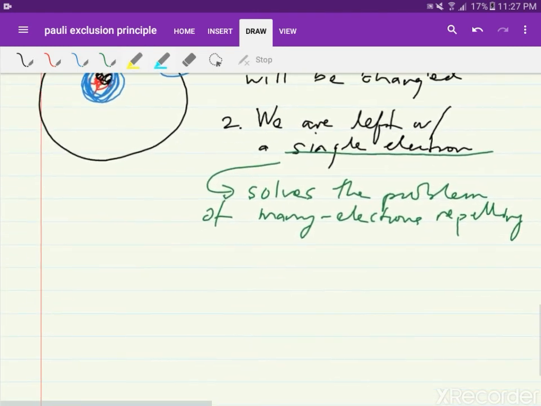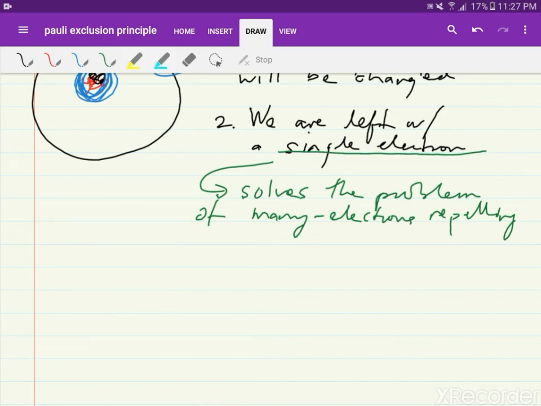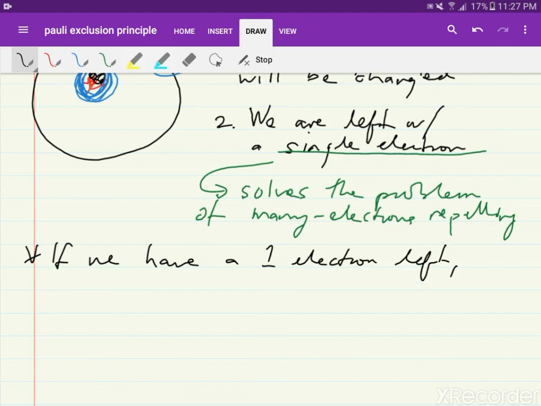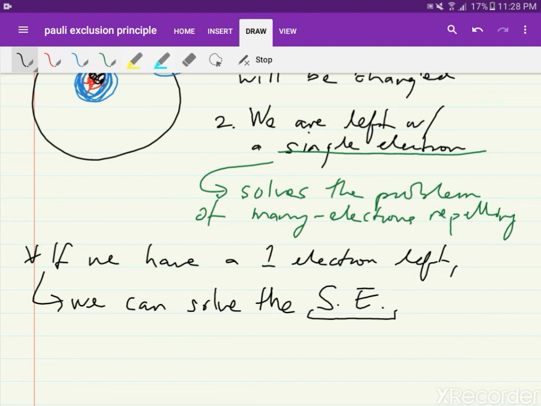But nevertheless, if we have a single electron left outside our nucleus, we can now solve the Schrödinger equation, only with a different potential associated with it.